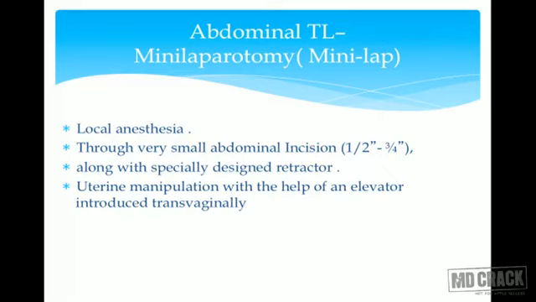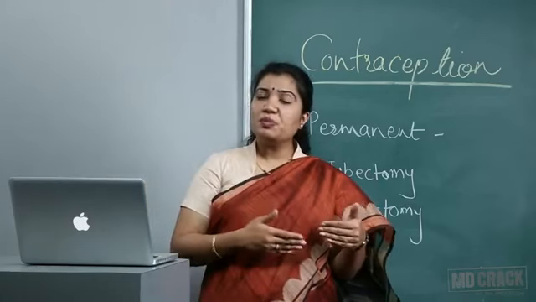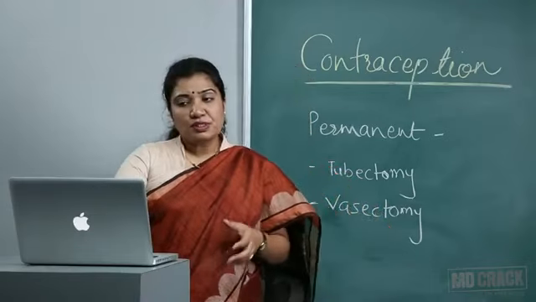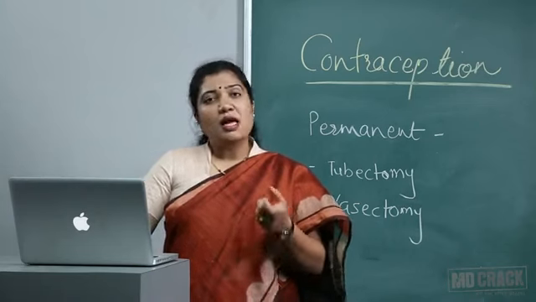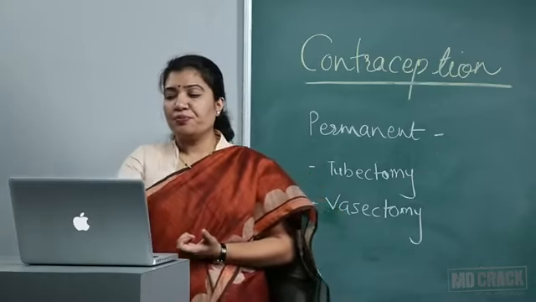This manipulator helps us change the direction of the uterus so that the tubes can be easily withdrawn outside the small incision. It helps us find the tubes, and then any of these methods can be used to perform the tubal ligation. So this is Minilap: small incision, local anesthesia, less morbidity, and use of a retractor as well as a uterine manipulator.